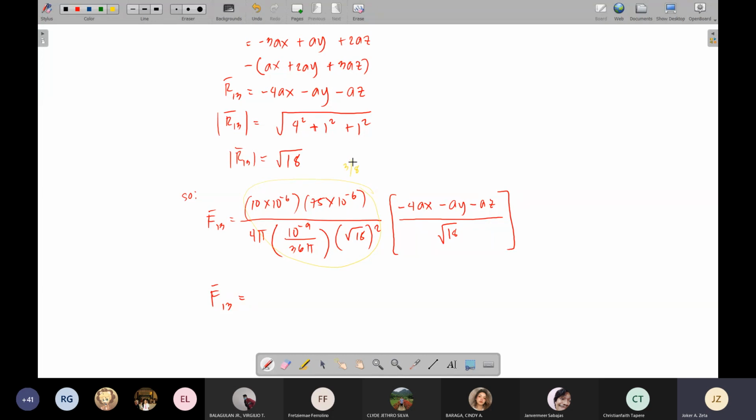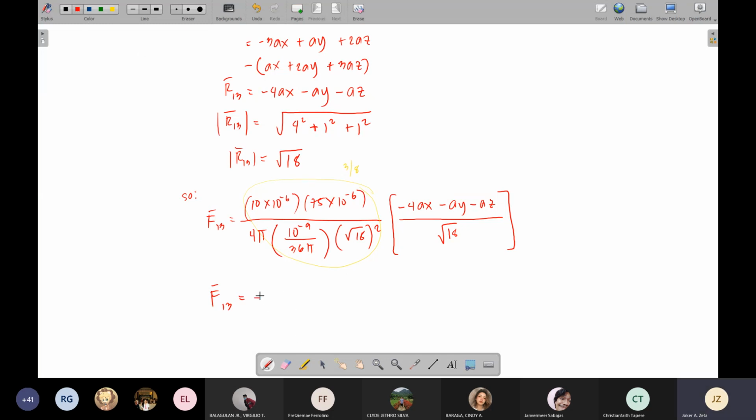So naon na nako para dili kayo makabulabog sa equation. 3 over 8 times negative 4 divided by square root of 18. Wait, syntax error. Times negative 4 divided by square root of 18. So answer is negative 0.35. So negative na.